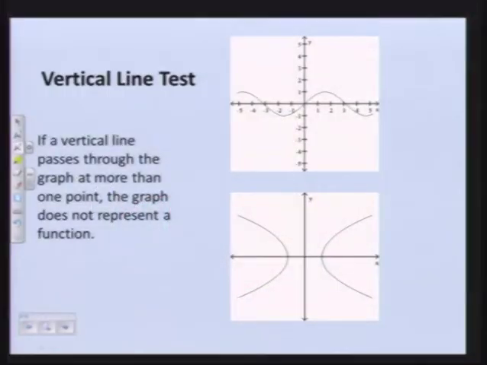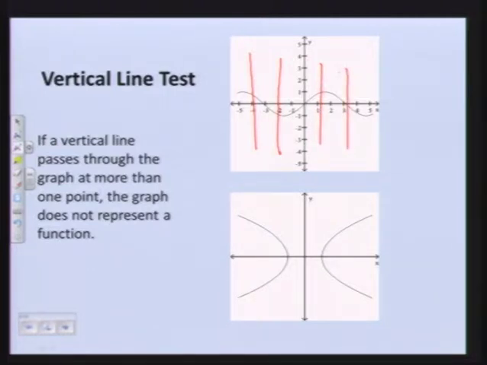Now you could do something like sliding a piece of paper across the graph. It's as easy as just drawing lines. And hopefully you're using a ruler. These are not very straight. Maybe if I use a piece of paper, that will help me to guide. There we go.